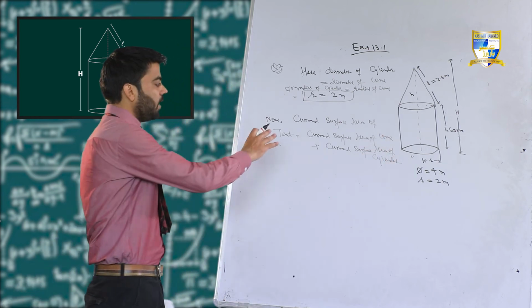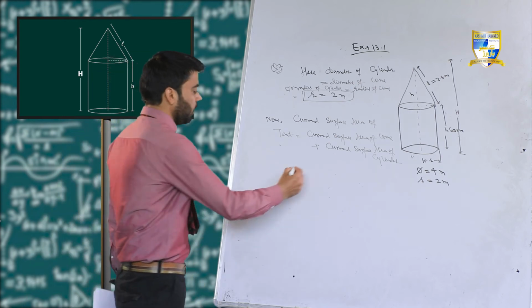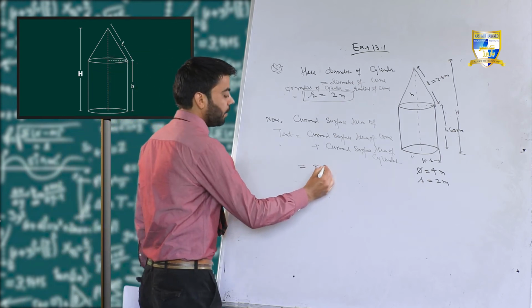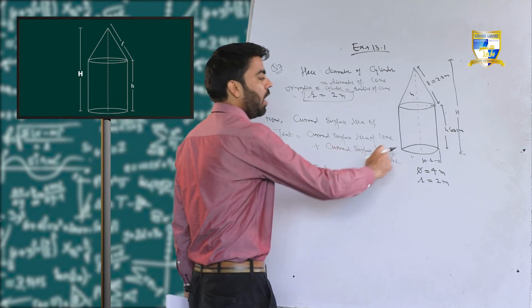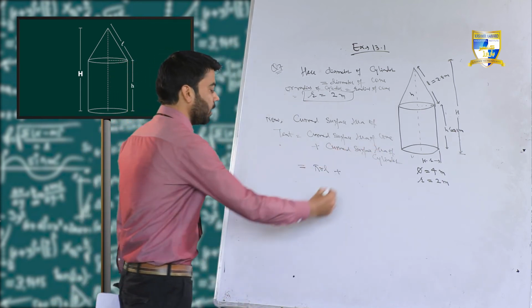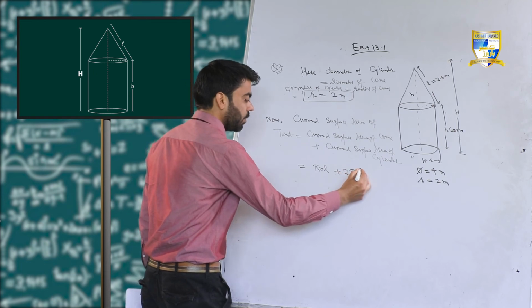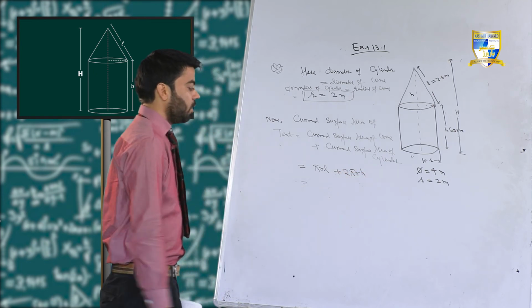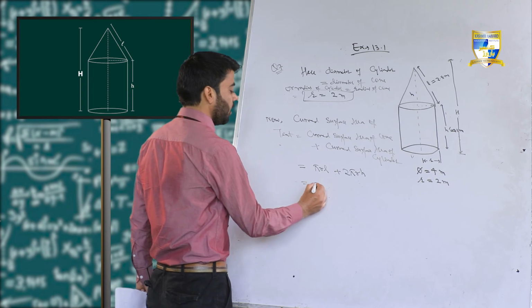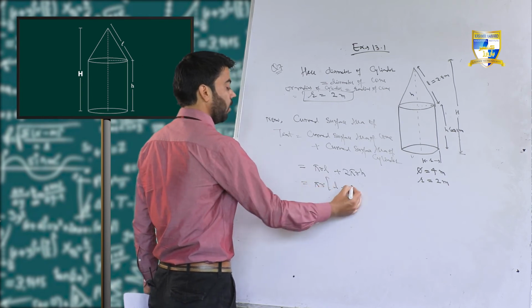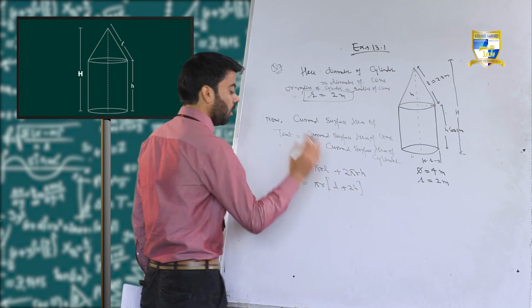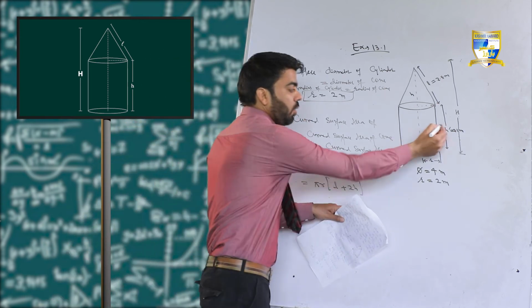Clear? So the curved surface area of the cone, we all know, is equivalent to pi r L, plus the curved surface area of the cylinder. We also know that's 2 pi r h. Right? So it's pi r, we can just do like this, pi r times L plus 2h. This h is denoted by h dash.